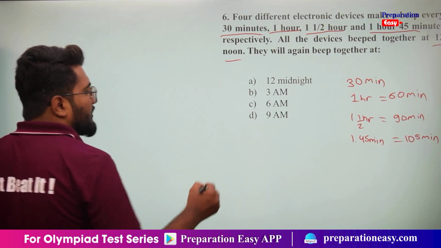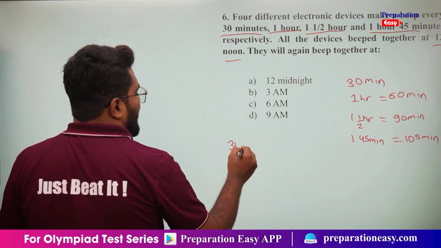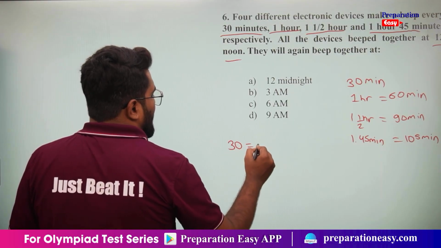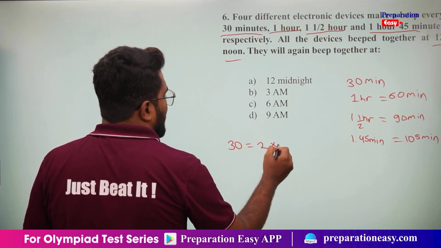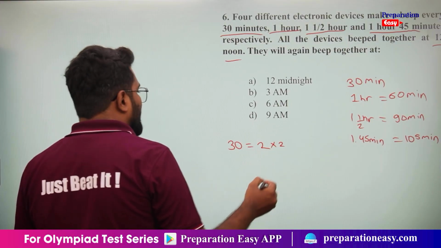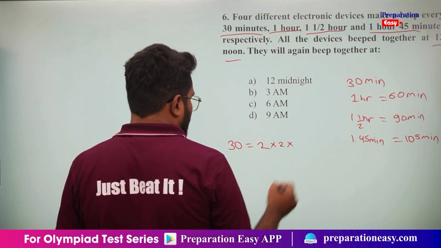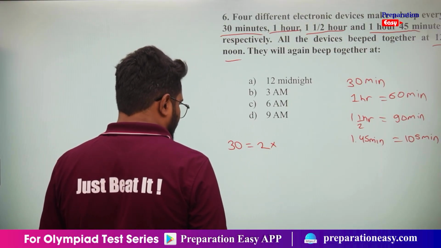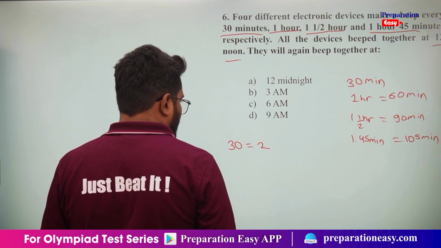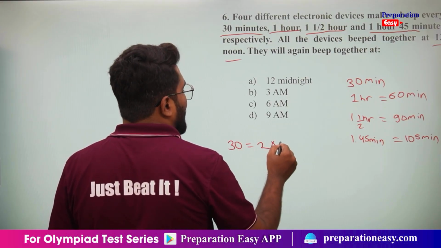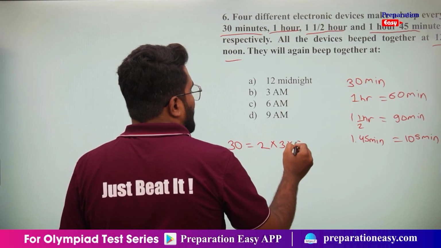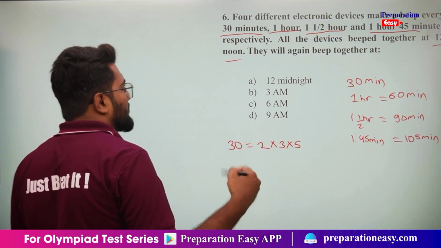For 30 we can write it as 2 multiplied by 3, that is 6, multiplied by 5, which is equal to 30.